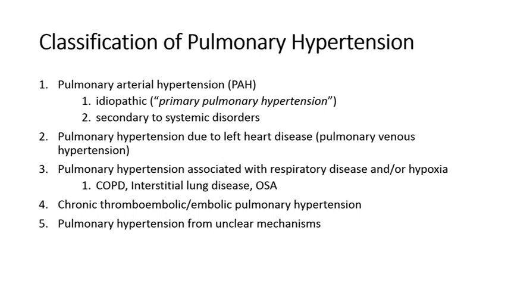The third group is pulmonary hypertension associated with respiratory disease and/or hypoxia, like COPD patients, chronic obstructive pulmonary disease, or interstitial lung disease, or obstructive sleep apnea, abbreviated as OSA. Obstructive sleep apnea is a disease that occurs in obese patients, short obese patients with a short webbed neck.